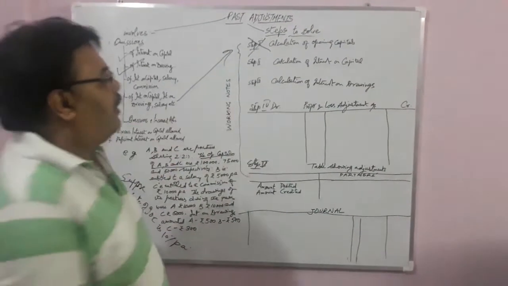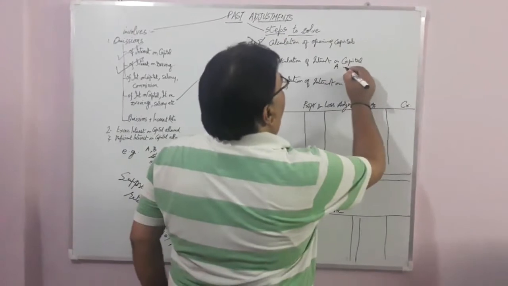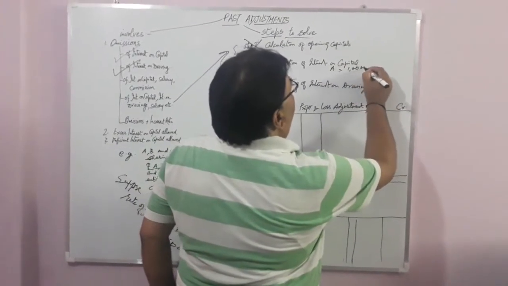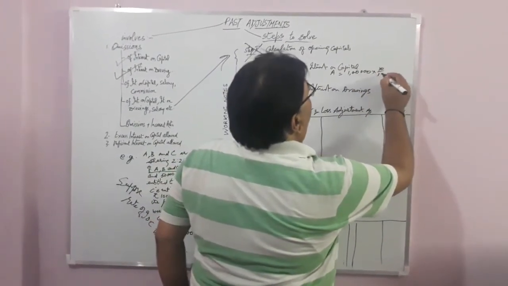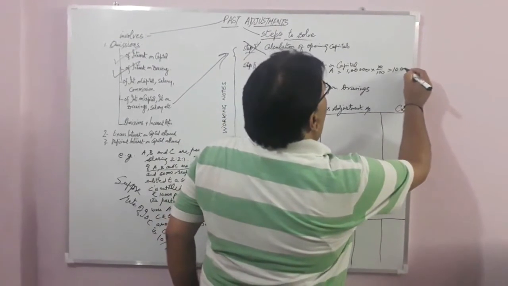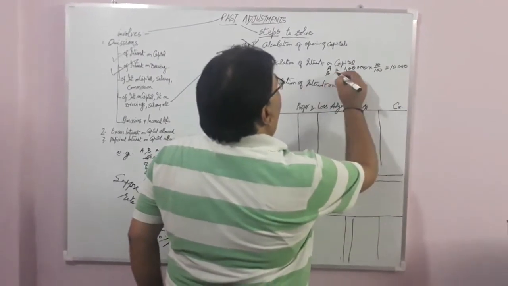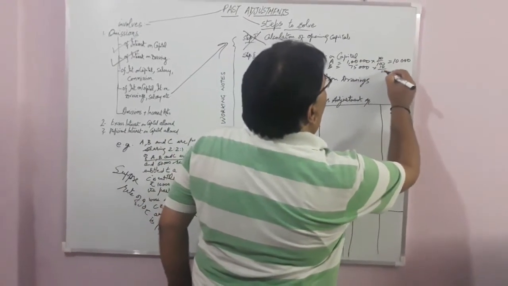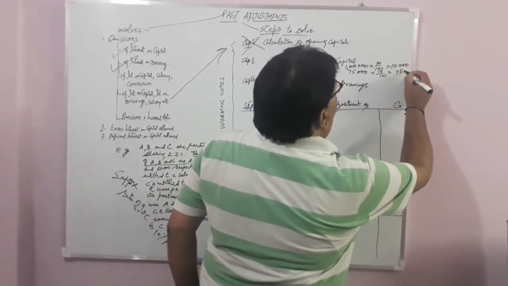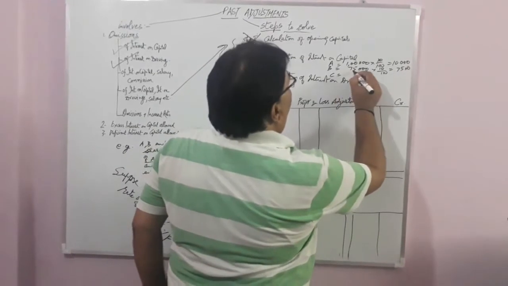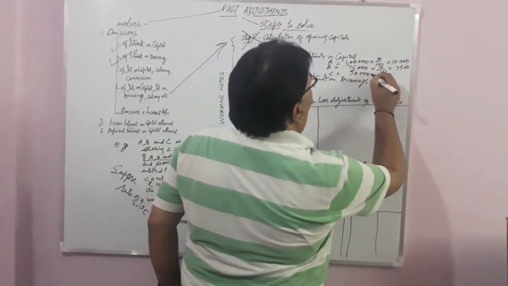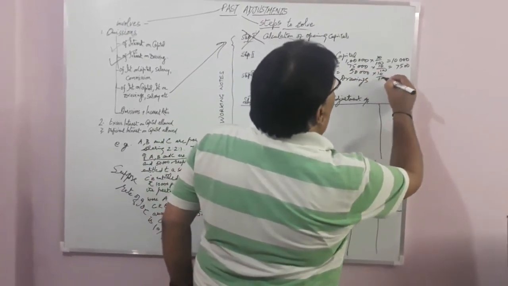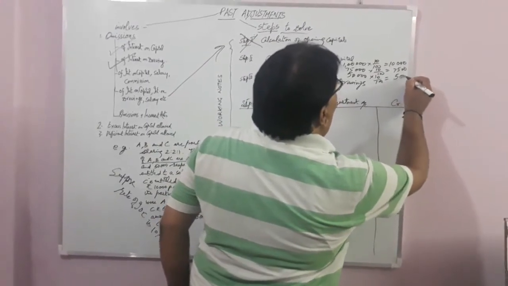So interest on capital for A will be 10% of 1 lakh, that is 10,000. For B, 10% of 75,000 amounts to 7,500, and for C, 10% of 50,000, which amounts to 5,000.